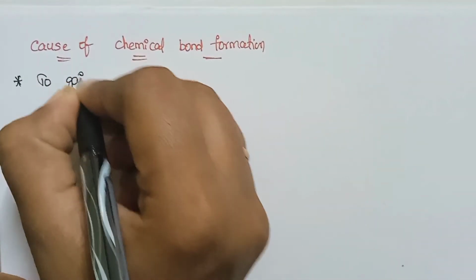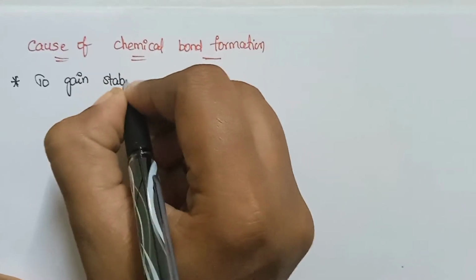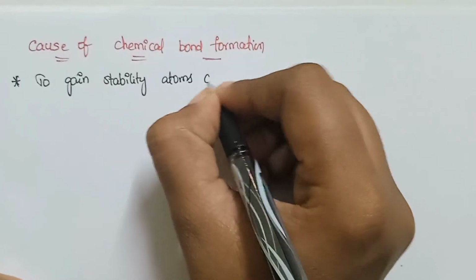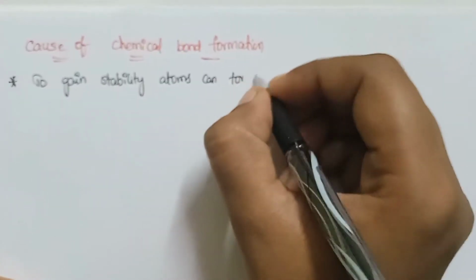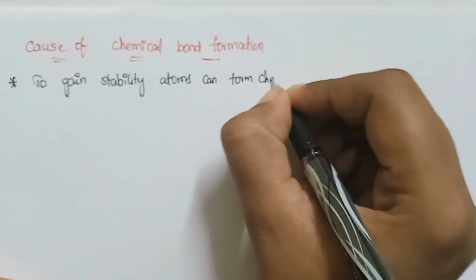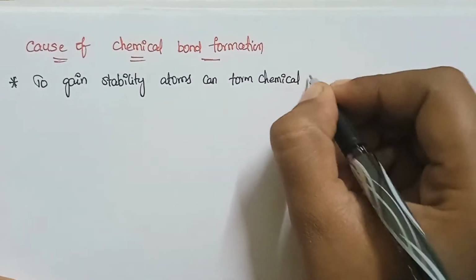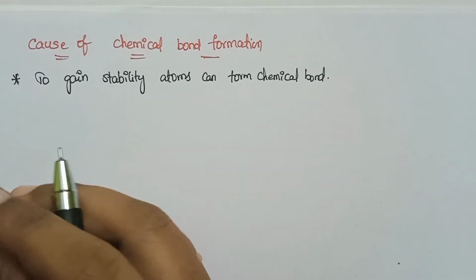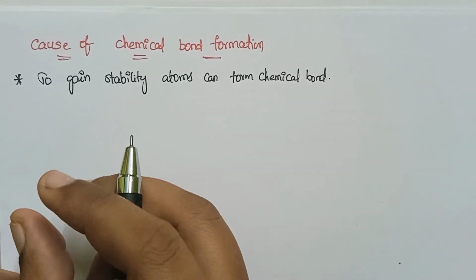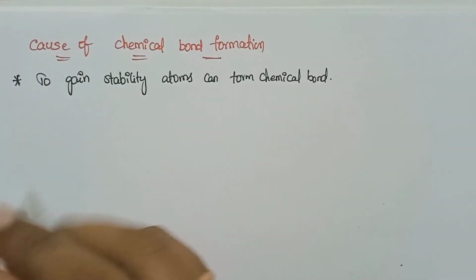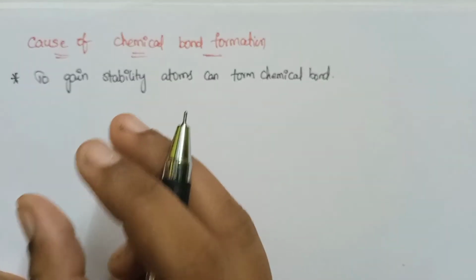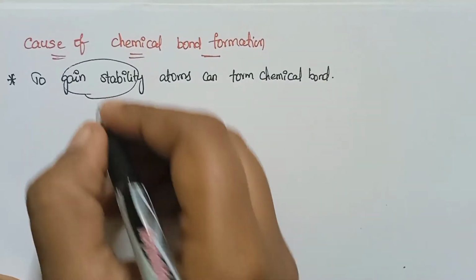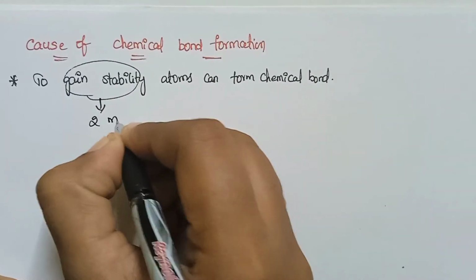An atom can gain stability by following 2 methods.